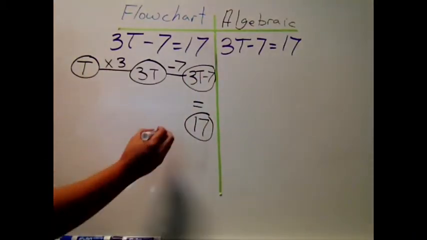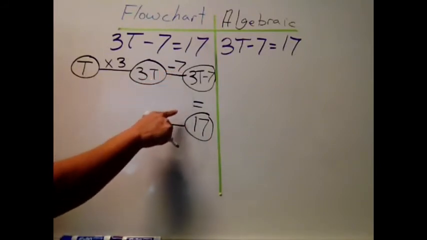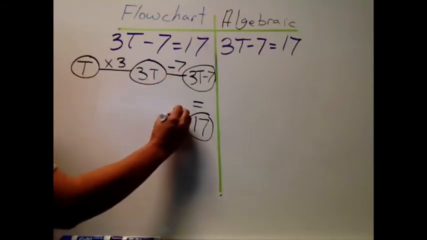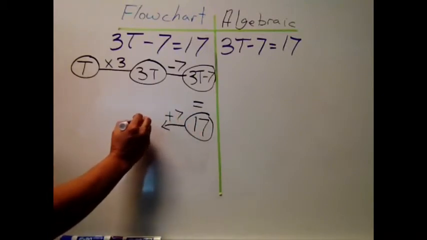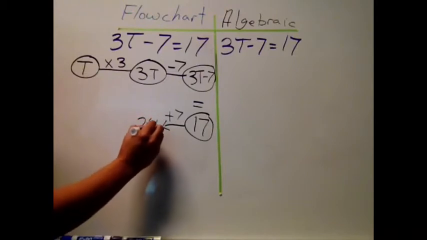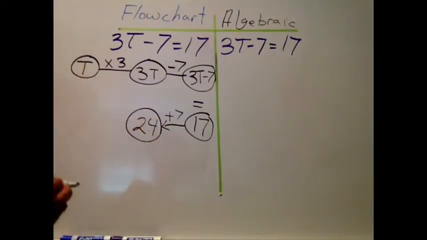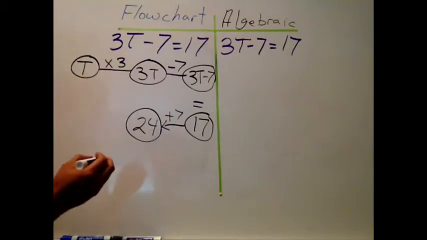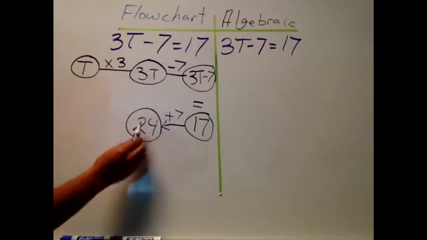All right, let's go backwards. What's the first thing we do? Well, here we subtracted 7, so here we're going to add 7. All right, so 17 plus 7 is 24. Try that out, okay? Be nice if you pause this every once in a while and just did this math and see if you can come up with the same answers I'm coming up with. All right, so we've got 24 again.